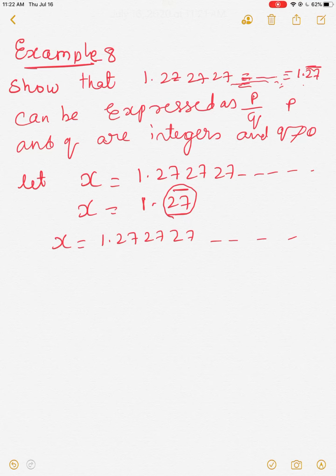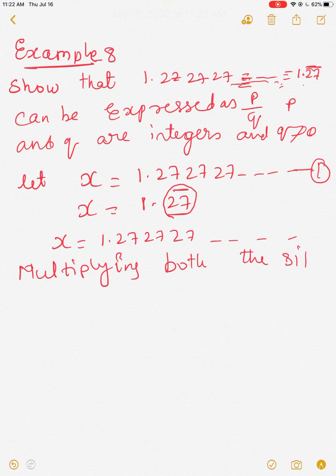Here 2 digits are repeated. So 2 means 100, which has 2 zeros. There one digit was repeating, so we multiplied by 10. Here 2 digits are repeating, so we are multiplying by 100. This is the first step you will be writing: multiplying both the sides, LHS and RHS, by 100.